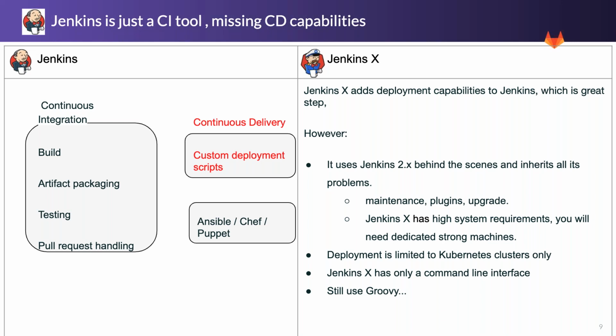So this is another thing, or you need also to use a third party. And in this slide, I want to mention Jenkins X, because Jenkins X is a new version of Jenkins that comes to address the CD.